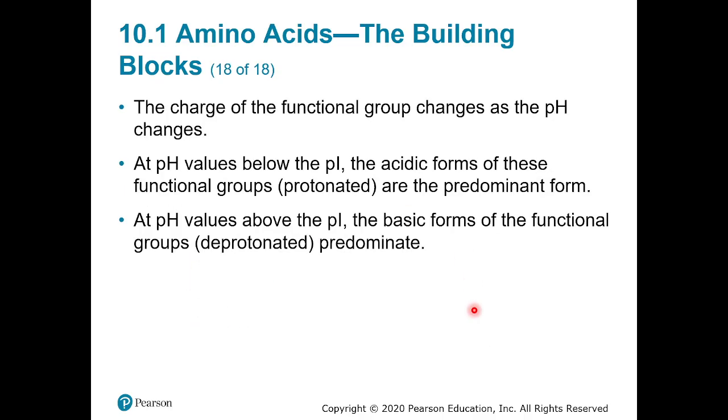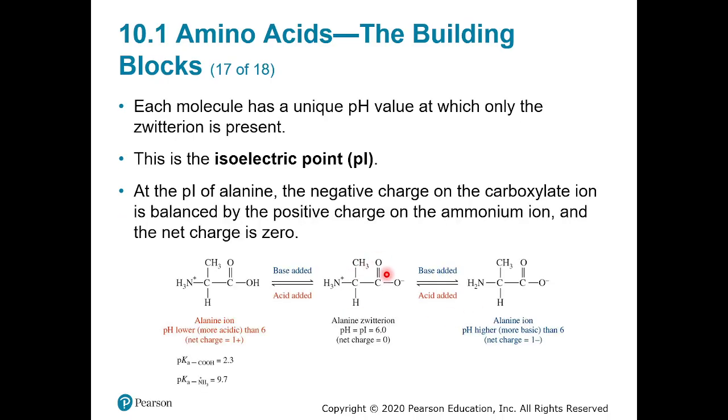So the charge of your functional group is going to change as your pH changes. If you sat there and just put acid in this, you'd actually see the charge and which form you have more of change as you added acid. At pH values below the pI, the isoelectric point, your acidic form is going to predominate, and your functional groups, which are the protonated ones, are going to be the predominant form. And so what you'll see here is at pH 6, you would have the majority of this in this form.